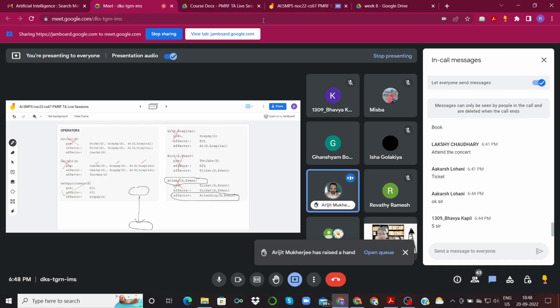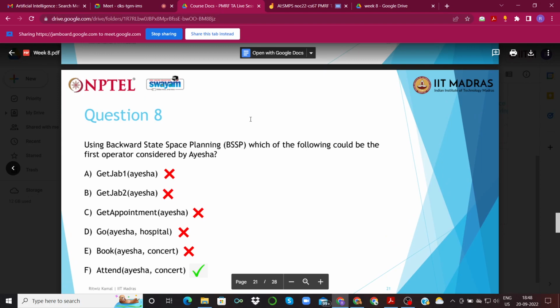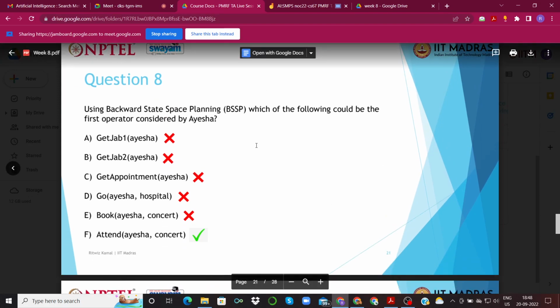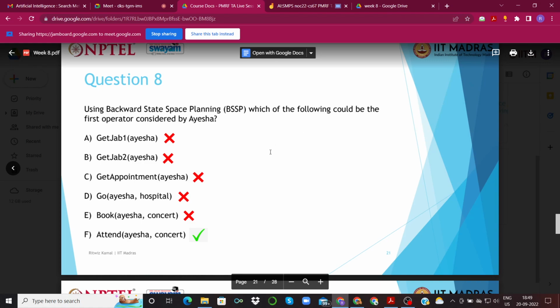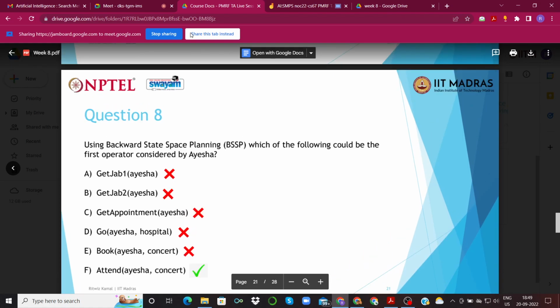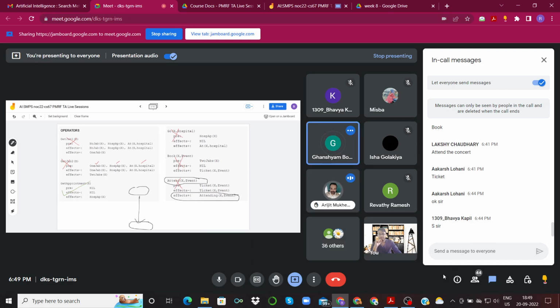So it is a statement that your last action is the first action in your plan. If a question is asked what is the last action in your plan, then do I have to mention the first action that I've taken or the last action?